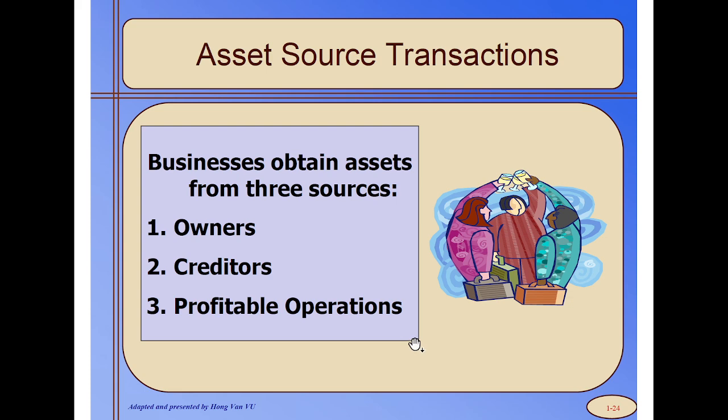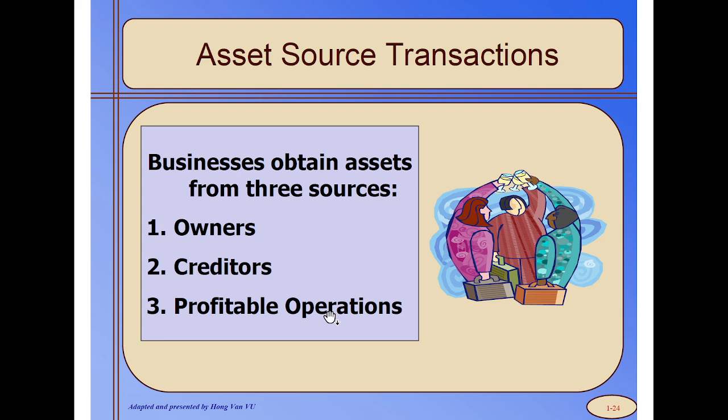So for the asset source transaction, the business obtains assets from 3 sources, as we mentioned before. From the capital of the owners, the ones or the investors in the company. The second is from the creditor. It means that the one who has surplus money gives it to the company.